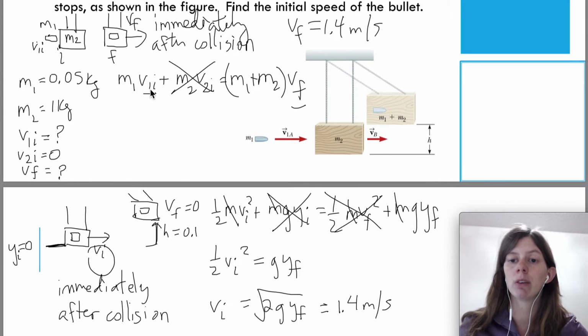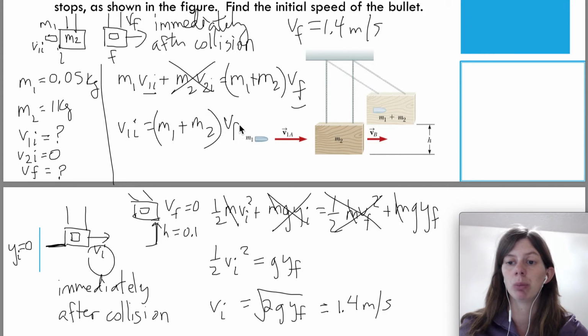So now we can solve for v1 initial, which is the initial speed of the bullet here, which is going to be (m1 plus m2) times vf, the 1.4, over m1. So let's plug in our masses, plug in the 1.4, and we're going to get a final answer of 29.4 meters per second.